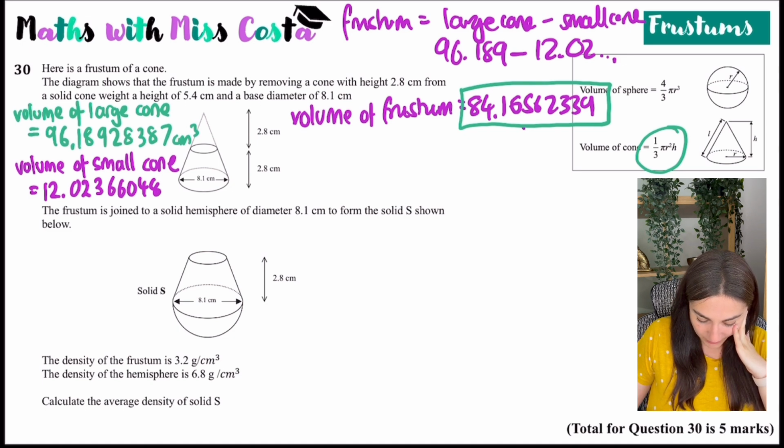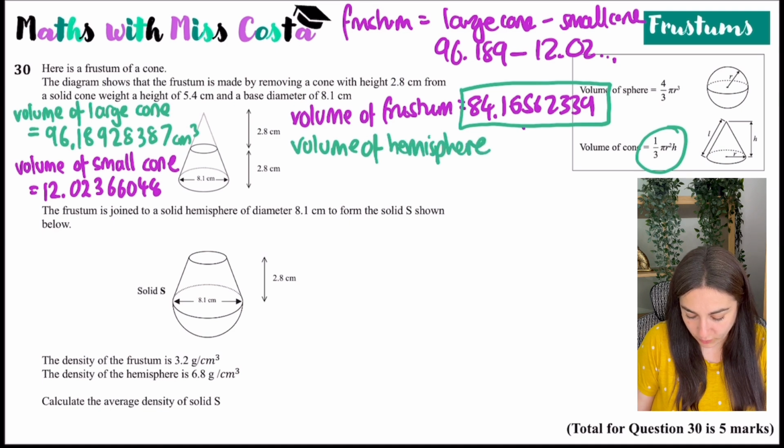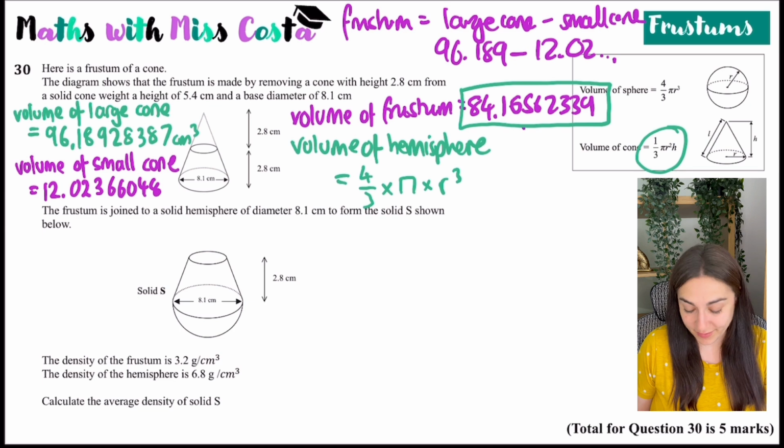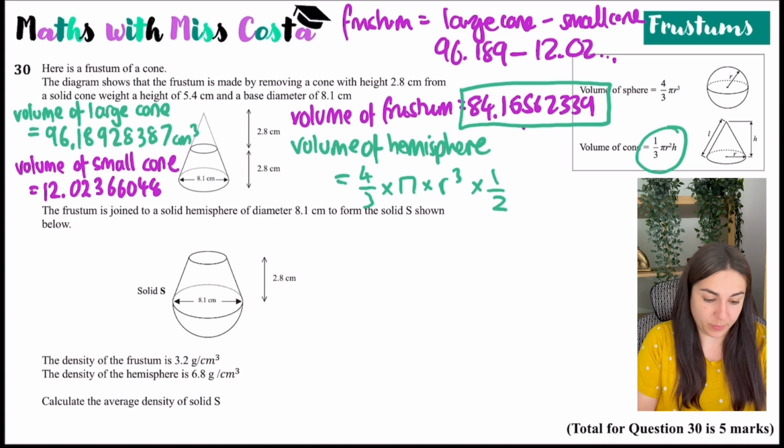Okay, so we're talking about density here. So I'm going to need to work out what the volume of this hemisphere is first. So the volume of a sphere is 4/3 times pi times r cubed, but I want to half it, so I either divide it by 2 or I times it by a half. So what's the radius? Once again, that's 8.1 divided by 2 is 4.05.